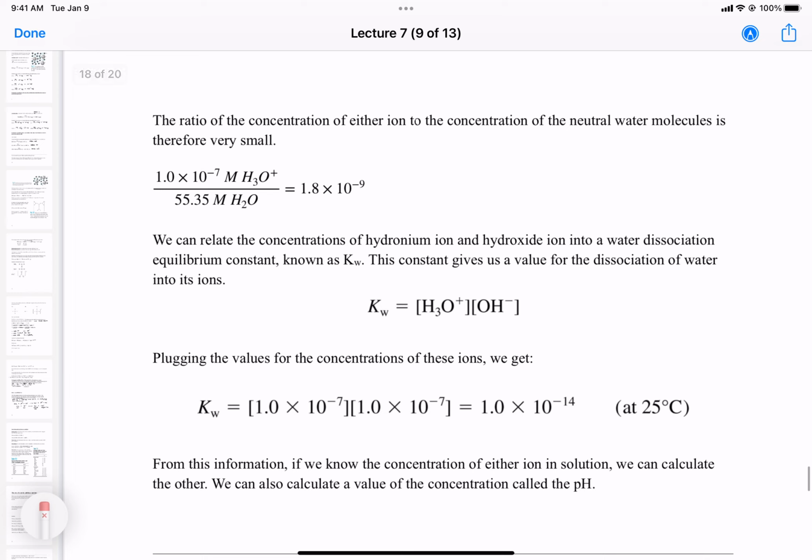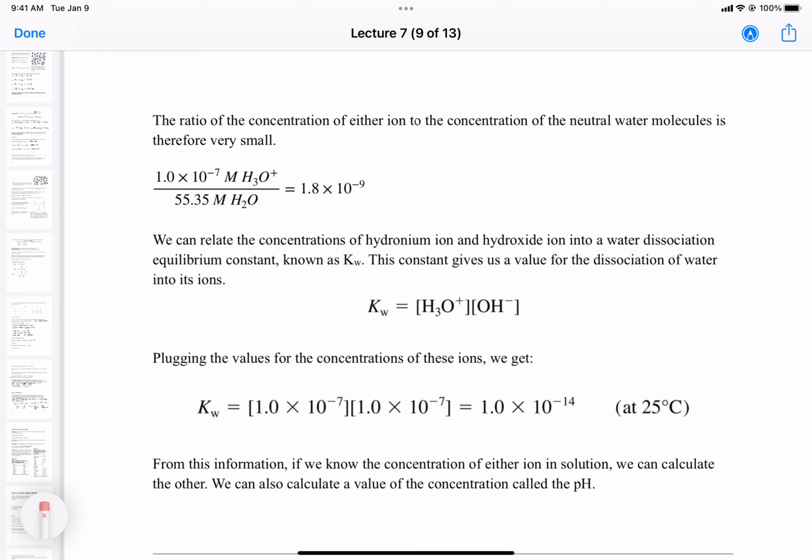Okay. So if we have this information, we have Kw, and we know the concentration of either hydronium ion or hydroxide ion, we can calculate the other, and we can also calculate a measure of the concentration.